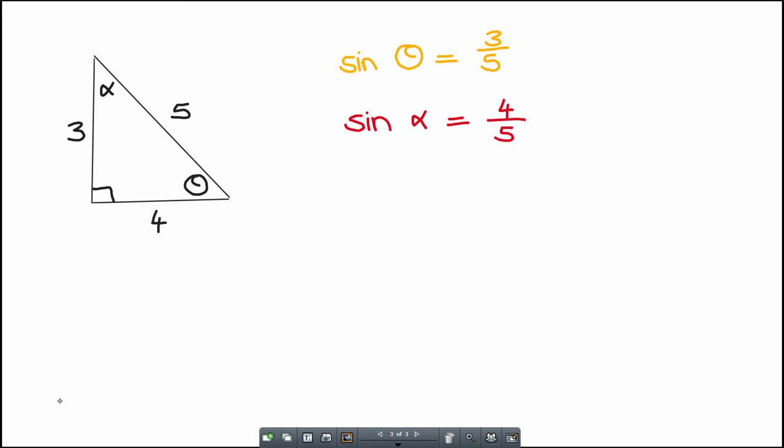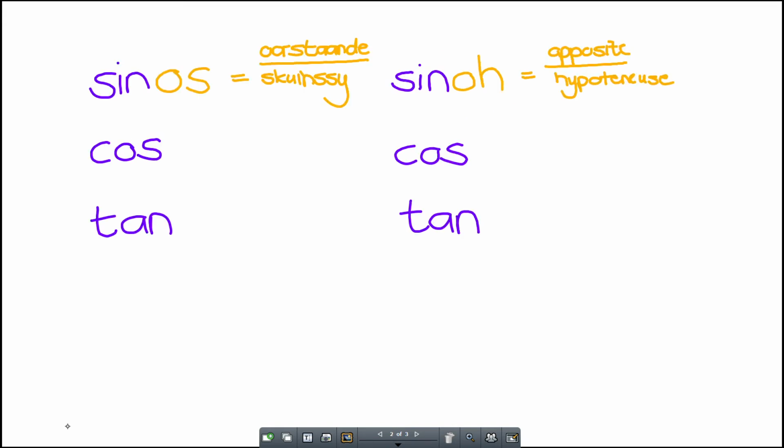Okay, kom ons kyk gou vir kos. Let's look at cos. Okay, so cos, Afrikaanse mense, ons het nou sinos, dan gaan ons sê kossas. English people, kosa.